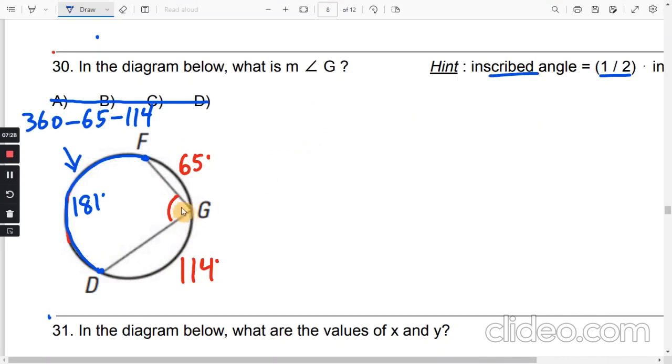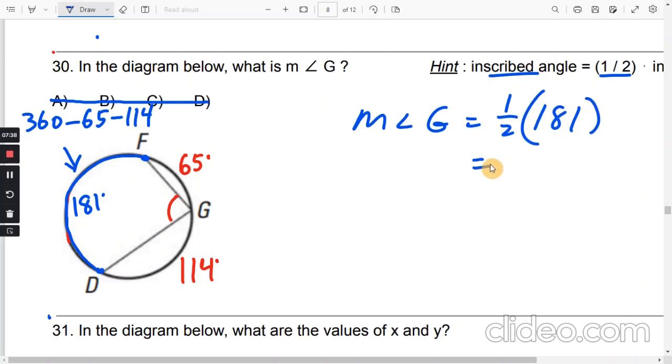The measure of angle G is just going to be half of 181. So 181 divided by 2 is just 90.5, and that's in degrees.